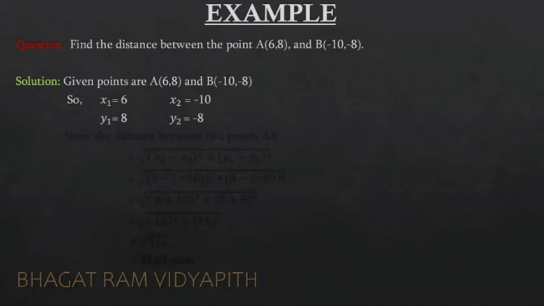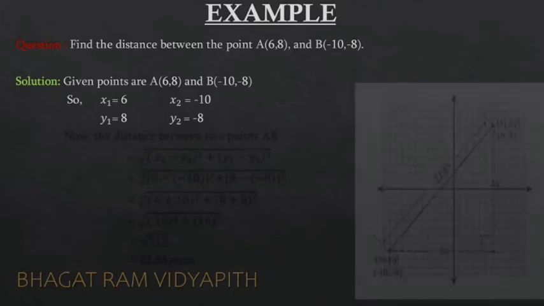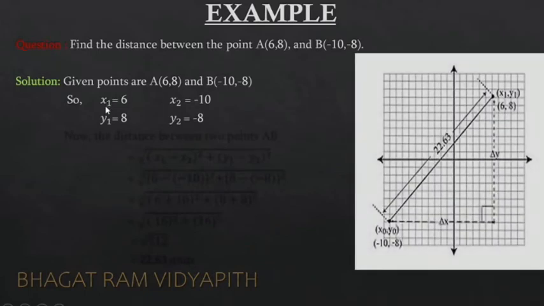Let us plot this on the graph and see. As x1 and y1 are both positive, the point lies in the first quadrant. As x2 and y2 are both negative, the point lies in the third quadrant.